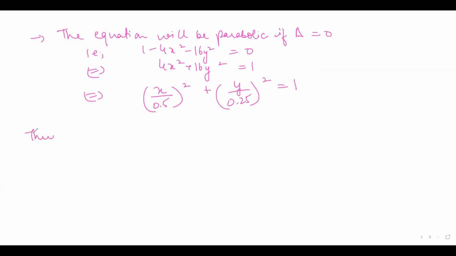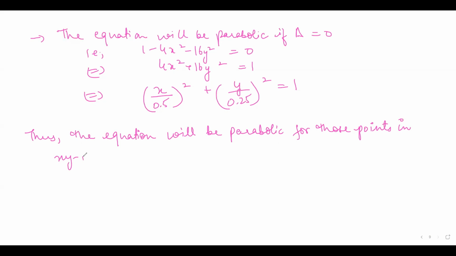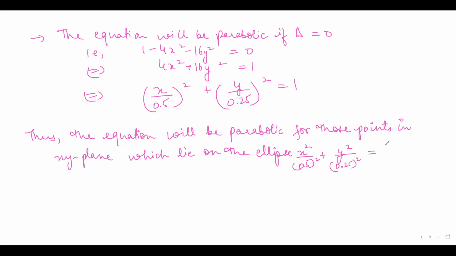So thus the equation will be parabolic for those points in the xy plane which lie on the ellipse. So in one question I have explained all three parts to you.